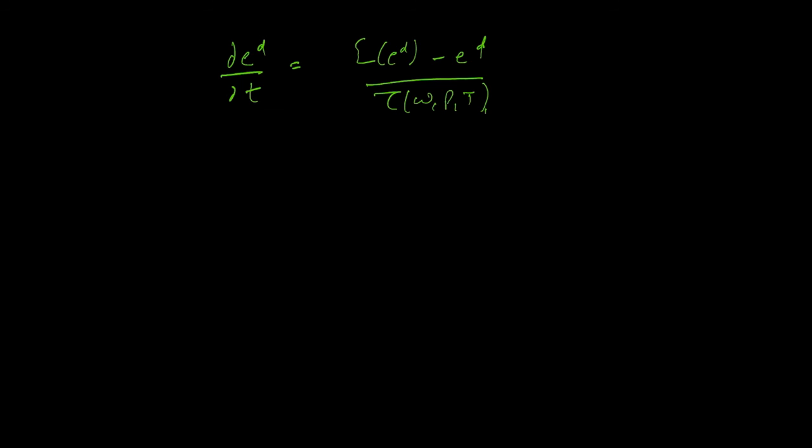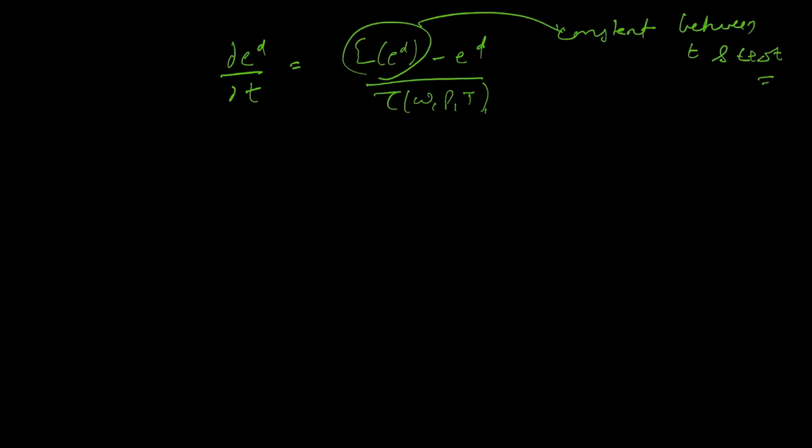We assume this to be constant between t and t plus delta t, so that's the assumption we are going to be making. So you could integrate this equation directly.